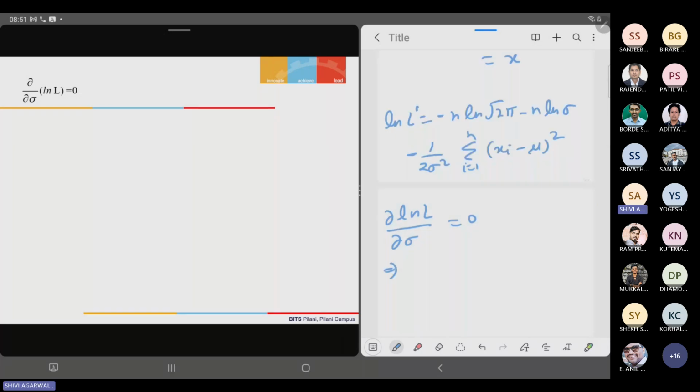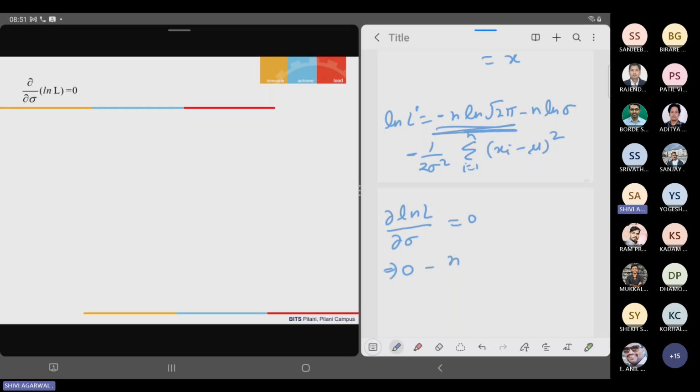So the first term has no σ, so that will become 0 minus n. What is the differentiation of ln σ when we differentiate with respect to σ? Do you remember?